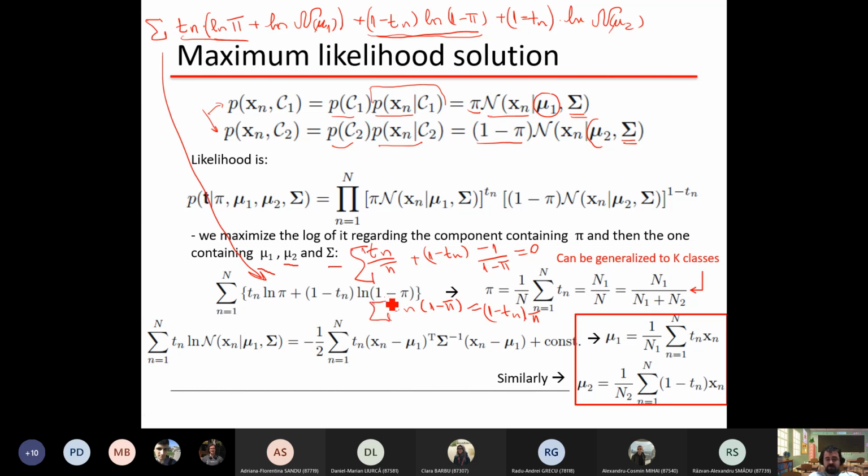So we have also this summation, and we have minus equal to 0.